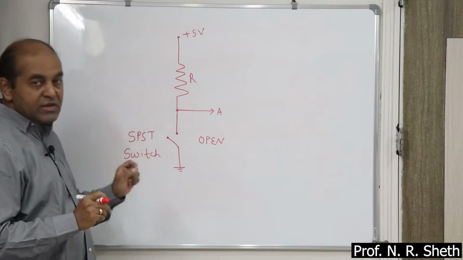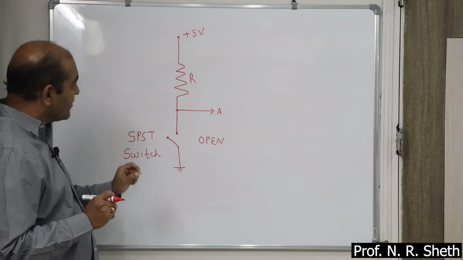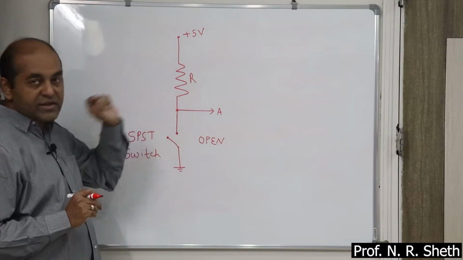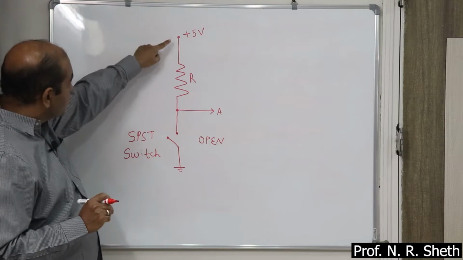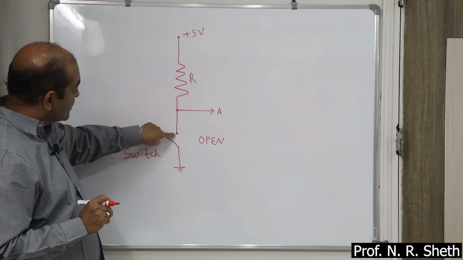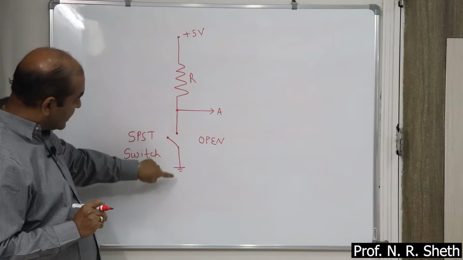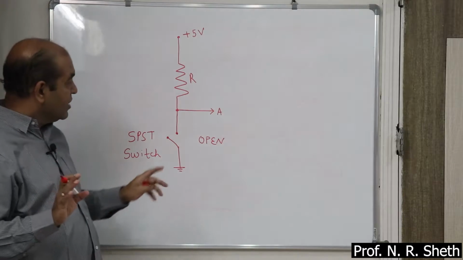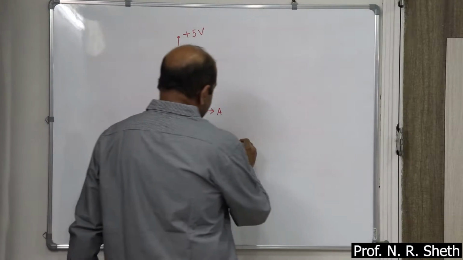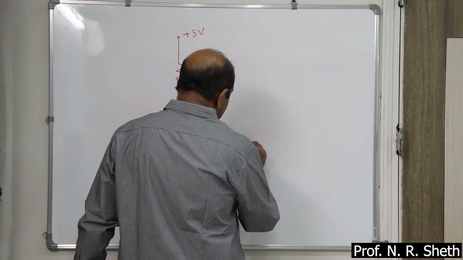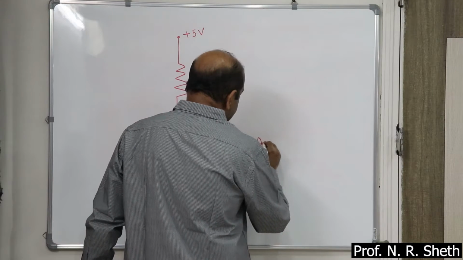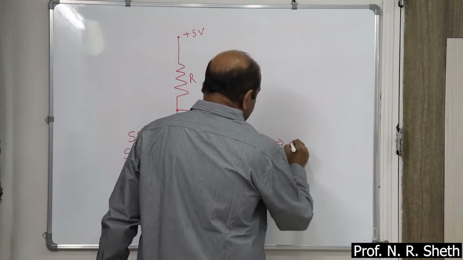Now when the switch is open, what is the value of voltage at point A? So this is plus 5 volt. Plus 5 volt exists up to this point. Between this and ground there is no connection. So when the switch is open, voltage at point A is plus 5 volt.